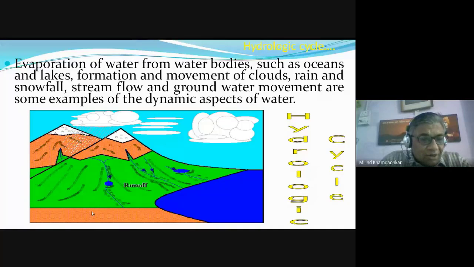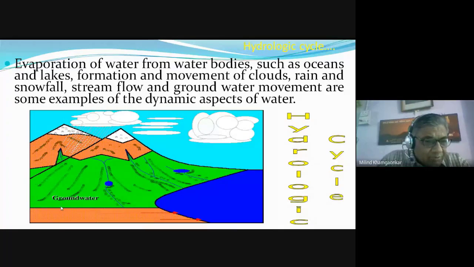Some part of the water which is infiltrated also follows the topography of the ground, and after saturation of the soil at the top, some part of the precipitation water follows the streams, the rivers. They are called the surface runoff. The water which percolates into the ground and follows the topography of the ground is called the subsurface runoff.